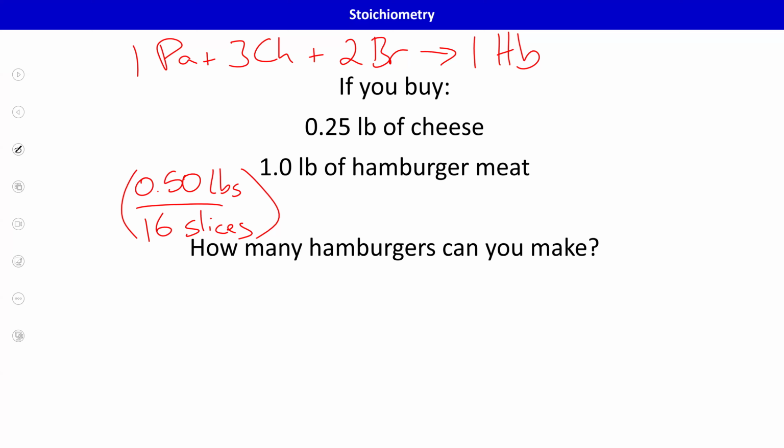What about hamburger? How many patties do we get out of a pound of hamburger meat? We'll go with standard McDonald's style: quarter pound of meat per patty. So 1 pound is 4 patties.